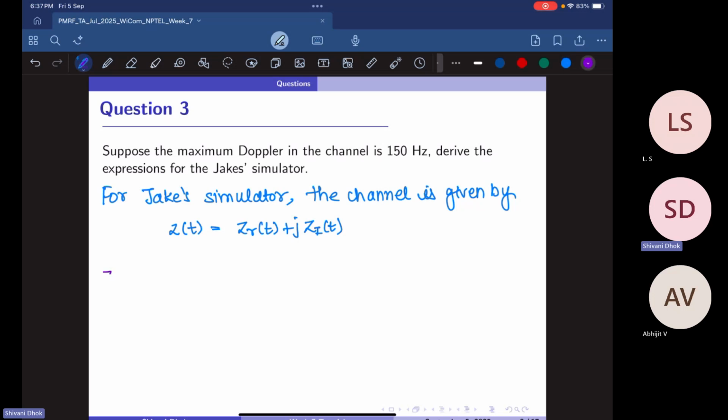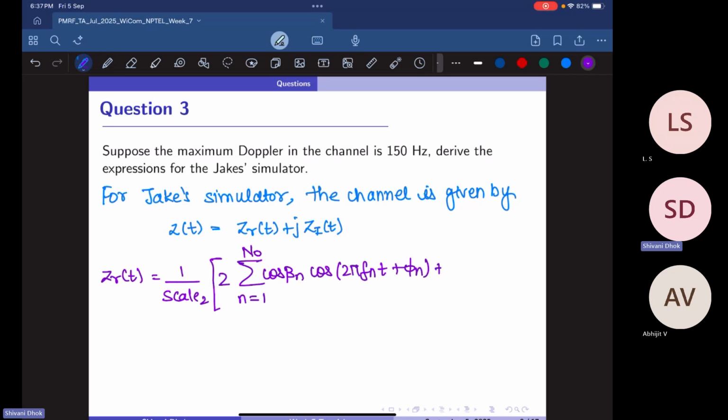Where zr(t) is given by 1 over some scaling factor into 2 times summation n equal to 1 to N naught cos beta n cos of 2 pi fn t plus phi n, plus under root 2 cos alpha into cos of 2 pi fd t.